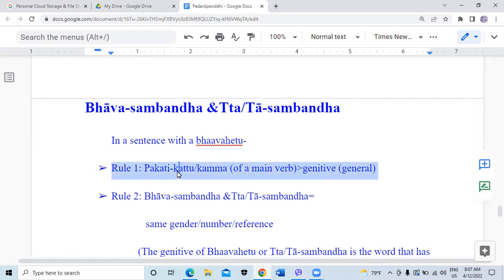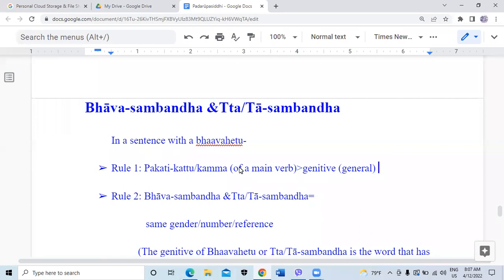Mostly, this is also general, but there are some examples in which this rule is not applicable and not correct. Okay.